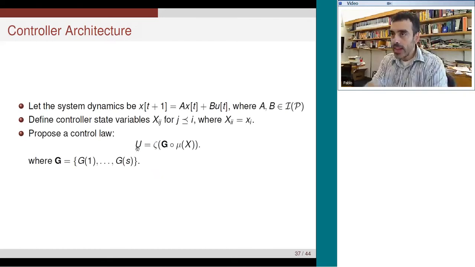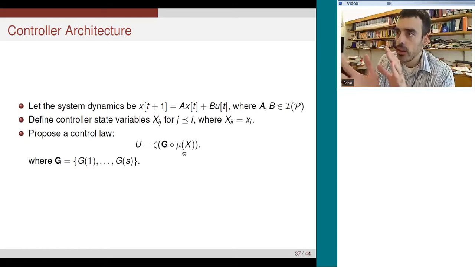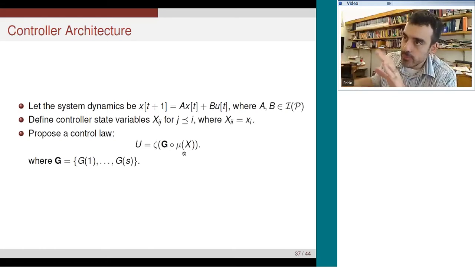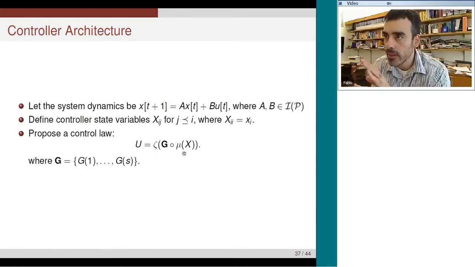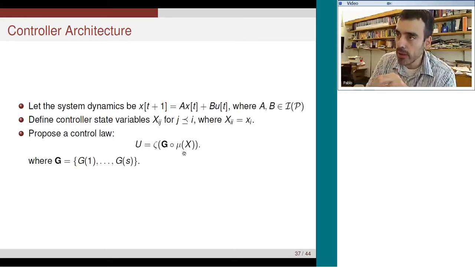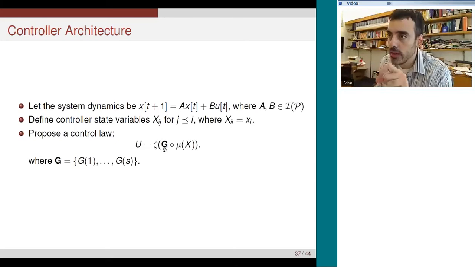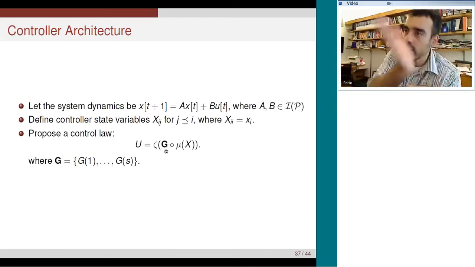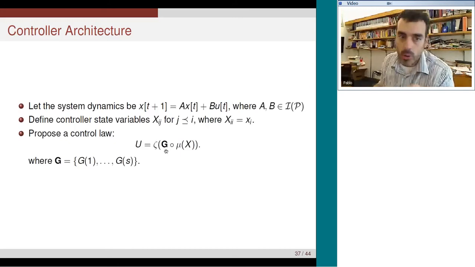So again, it's exactly the structure that I was telling you before, right? So X in here gives the estimates of what the states of everybody else are doing. Mu in there is aggregating, or computing the differentials of what the predictions of everybody else in the past told me, and I'm going to compare it with my current state. I'm going to apply some local controller G, and then based on these local inputs, I'm going to integrate them to actually get the inputs that I want to apply.